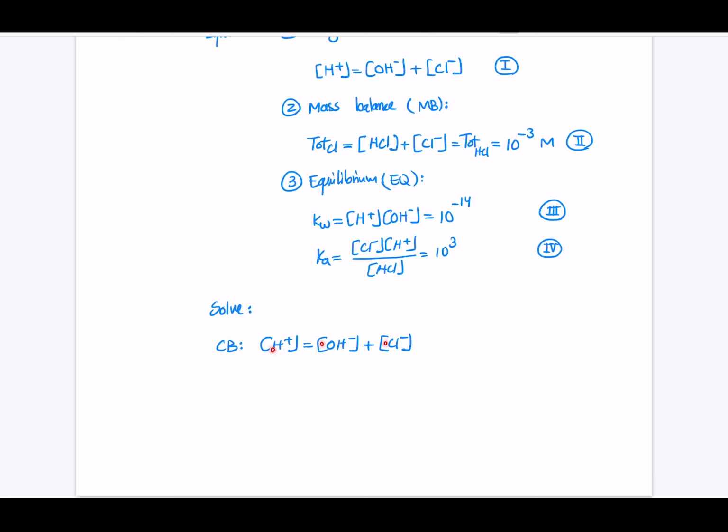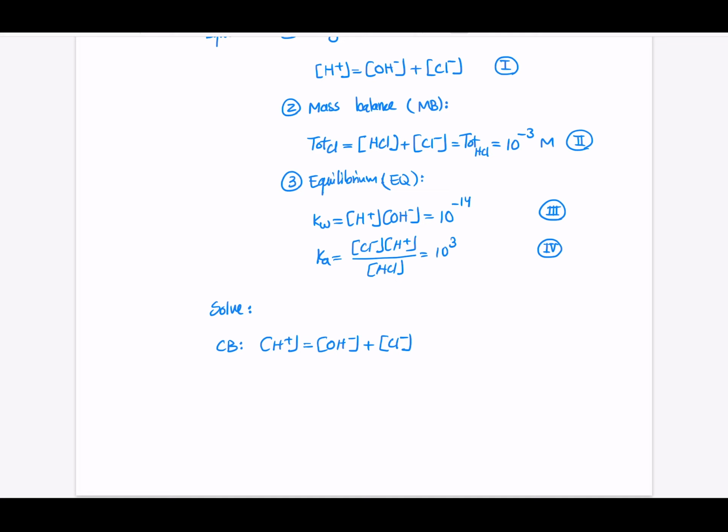So this equation has 3 unknowns, right? And you know how this guy is related to proton, how this guy is related to proton also. So if you can convert this to a form that contains proton and some other known values, like Ka or Kw, the same thing for here, then this equation would be 1 equation and 1 unknown. How do we connect these guys to the concentration of proton?